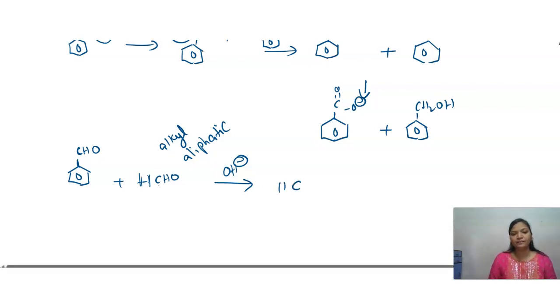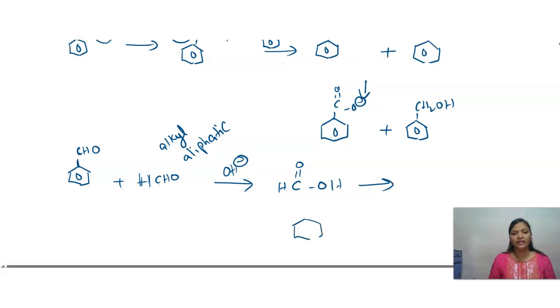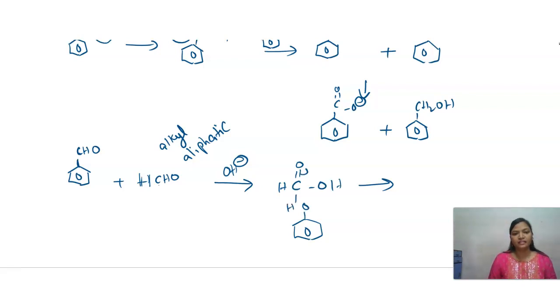So we will get here H double bond O, OH. And on the other hand, another benzaldehyde will accept. So here another H is there, and here it is O minus.